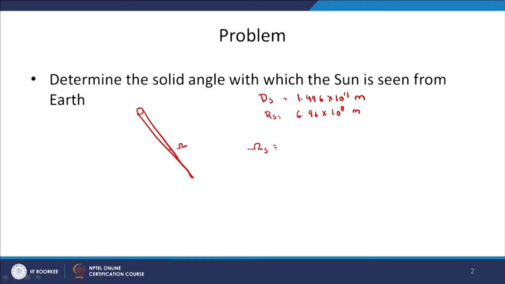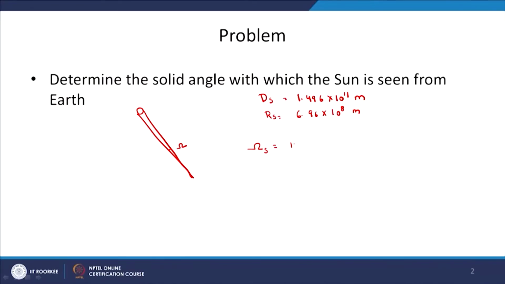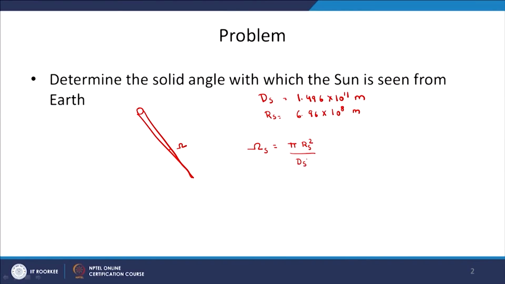When we are talking about projection, we are talking about the circular disc. The projected area will be equal to pi times the radius of the sun squared, divided by the distance of the sun squared. So, this will be the solid angle by which the sun will be seen from earth.